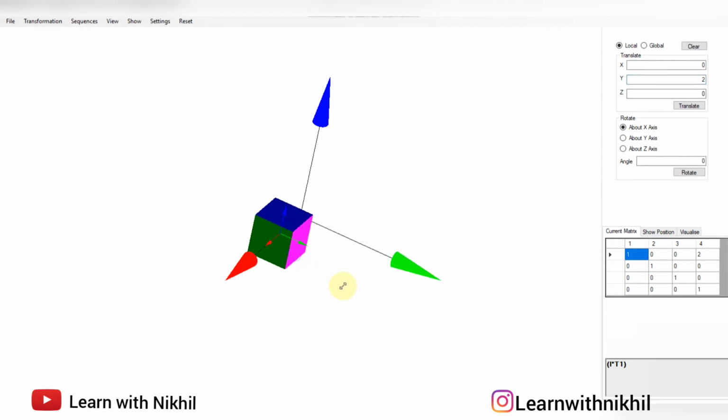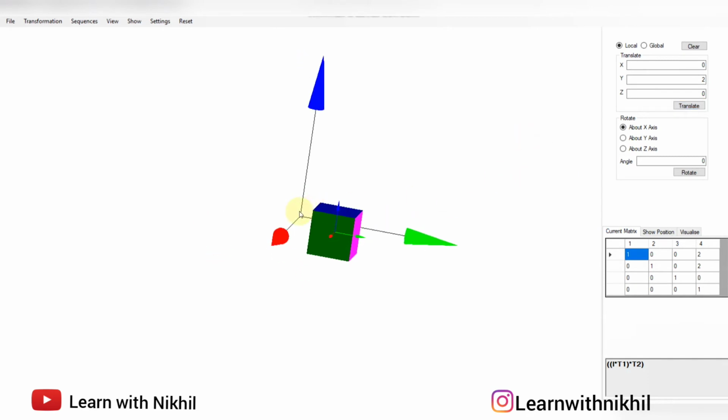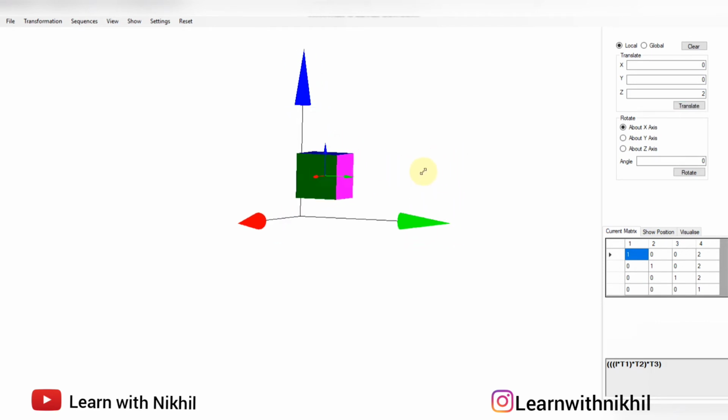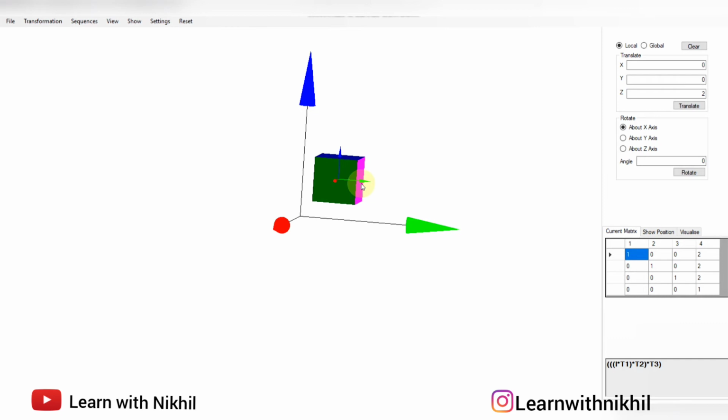Now I'll move along y axis, that is 2 units. So I'll click on translate. This has moved along y axis, that is 2 units. And finally I'll click here, that is z. So this has moved along z axis, that is 2 units. So this is how you do the position or change the position of the object.